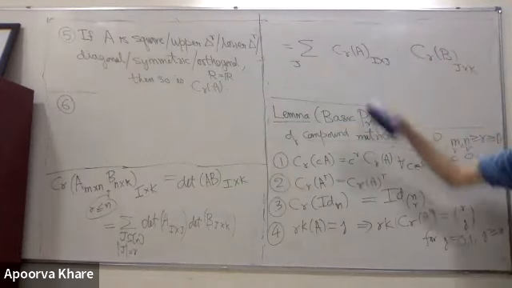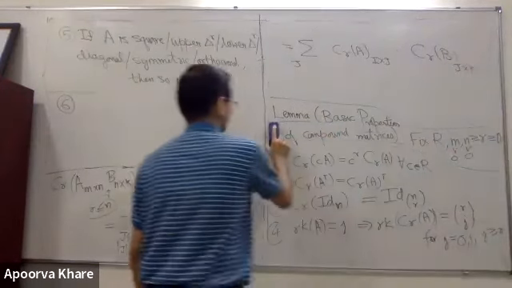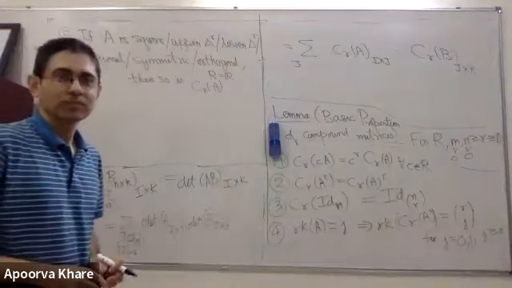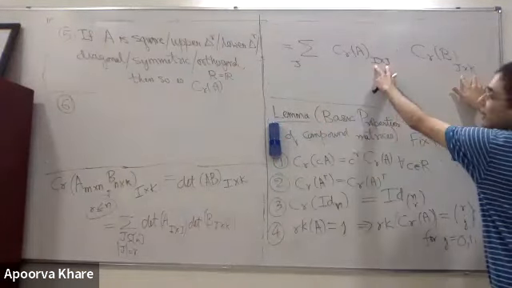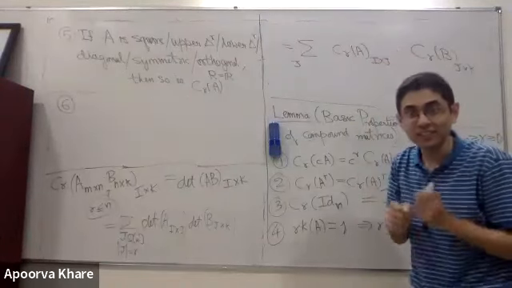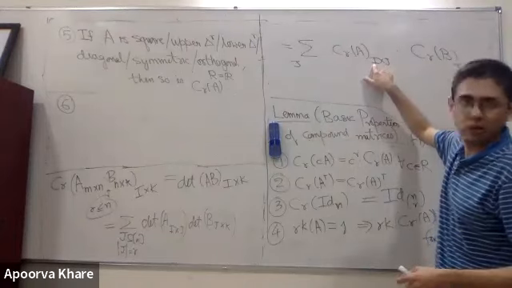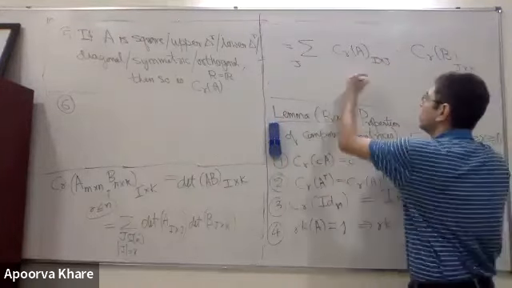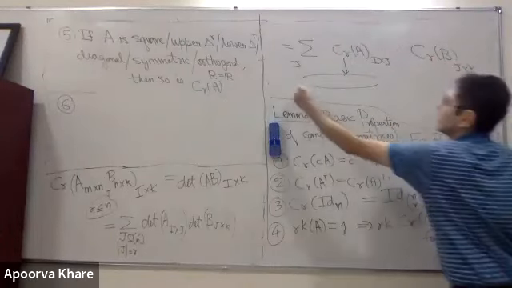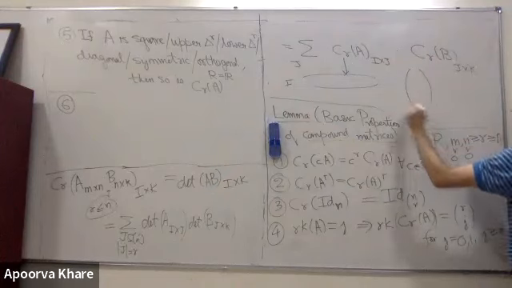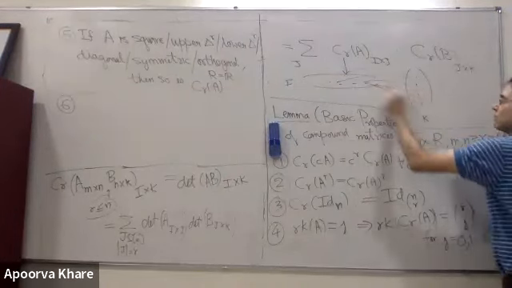What should this product and sum be thought of as? Don't be fooled by the fact that these are capital letters. These are still indices, entries of the compound matrices. I fix my row and take all the entries in that row from this compound matrix. I fix my column and take all the entries in that column, multiply them one by one, and add them.